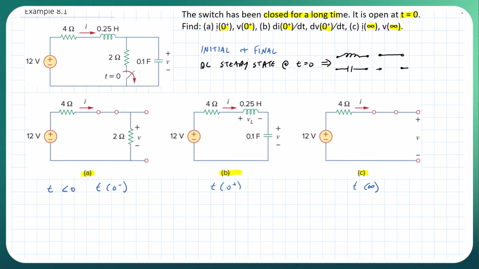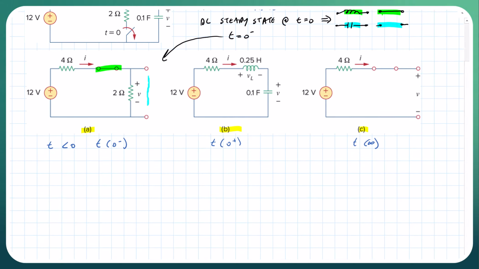So at t equals 0 minus, we're going to have this circuit where, again, the inductor is going to be a short, and then our capacitor is going to be an open circuit. So this is our capacitor here. All right. So we can solve for this circuit.